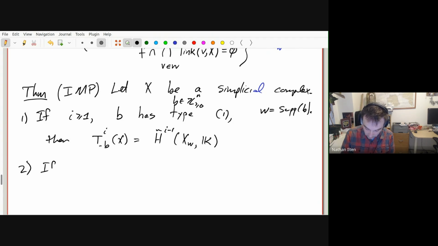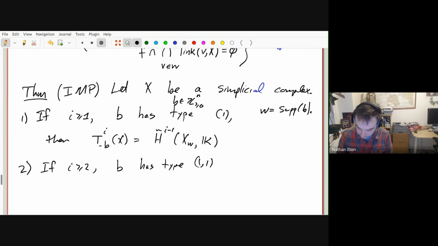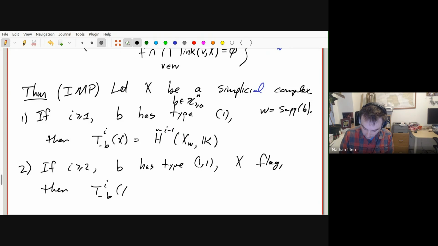Now, if i is larger than or equal to 2, and B has type (1,1), and X is a flag complex, then T_{i,-B}(X) is equal to reduced H_{i-2}, again, of X_W.